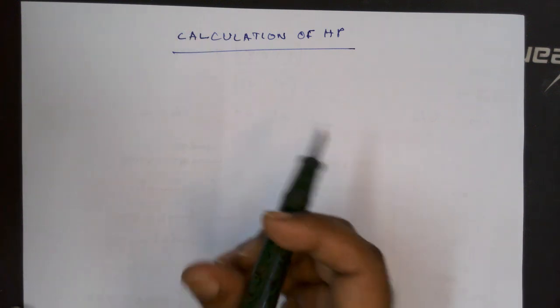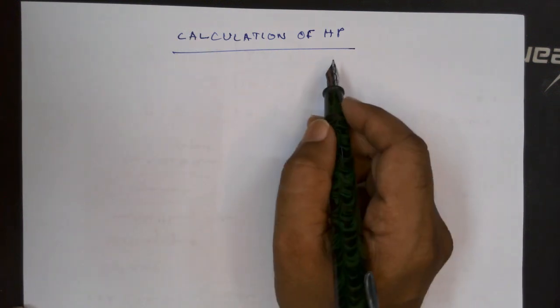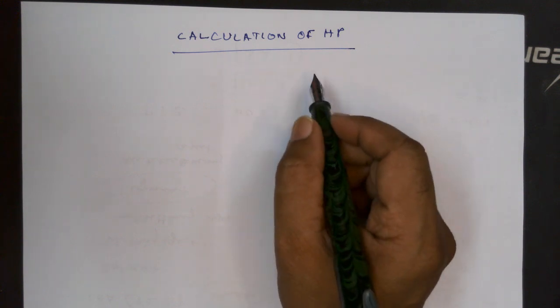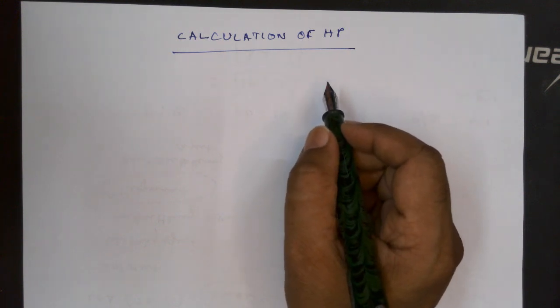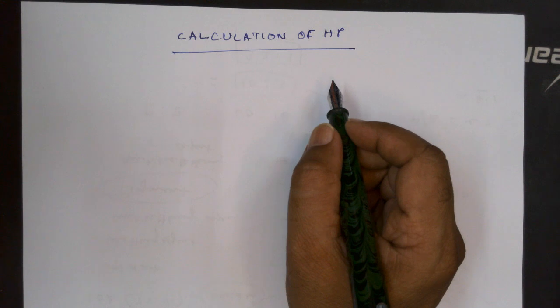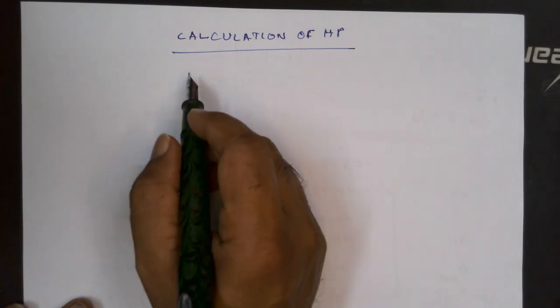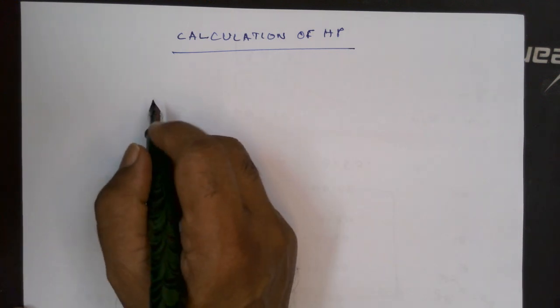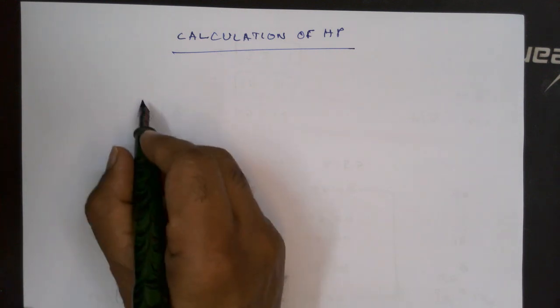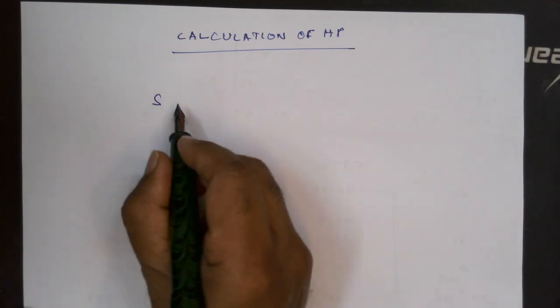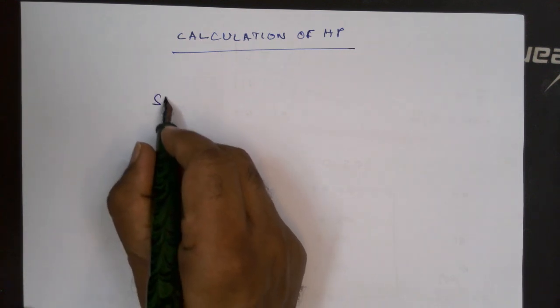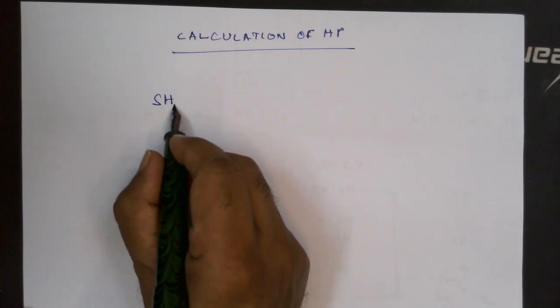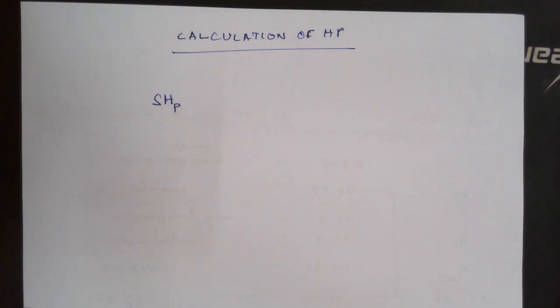Now let us discuss how to calculate the horsepower requirement for a disperser, and we can estimate this based on this equation. We can call it shaft horsepower, that is SHP, of the impeller.